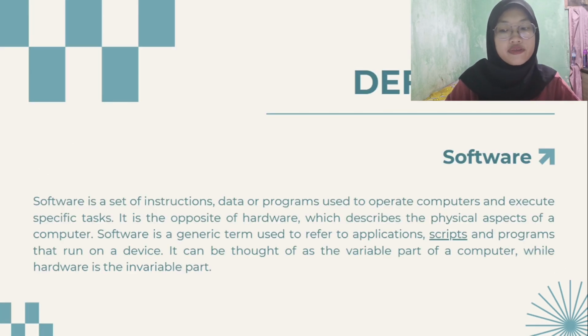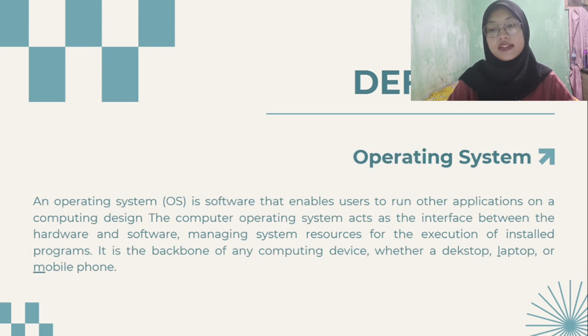What is software? Software is a set of instructions, data, or programs used to operate computers and execute specific tasks. It is the opposite of hardware, which describes the physical aspect of a computer. Next is the definition of an operating system.